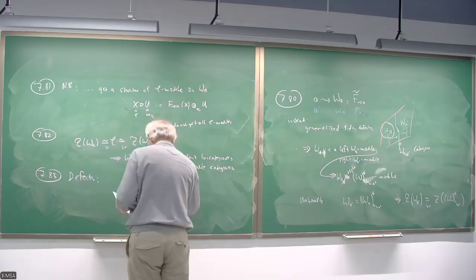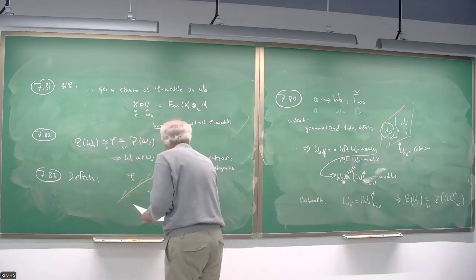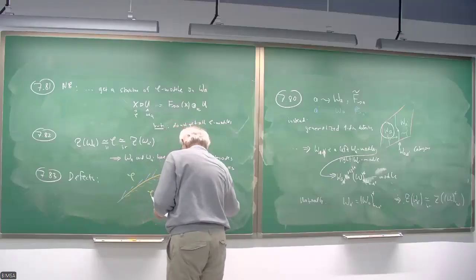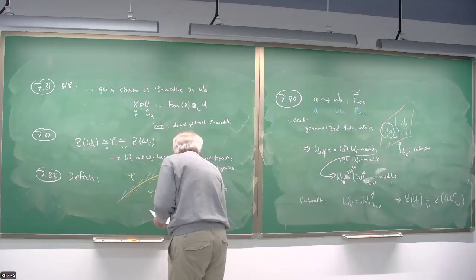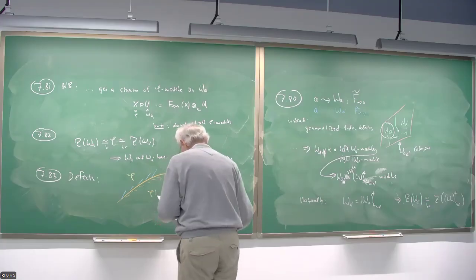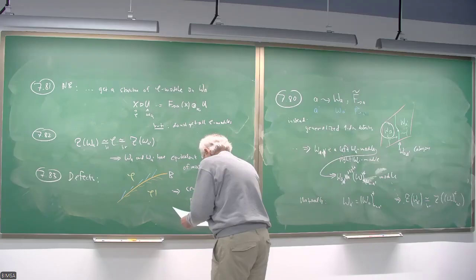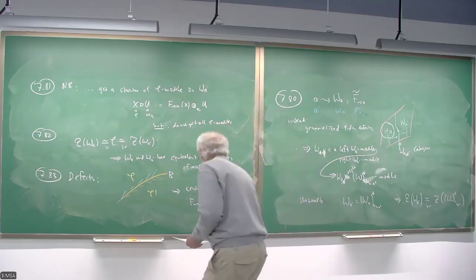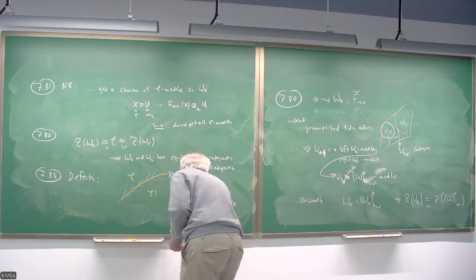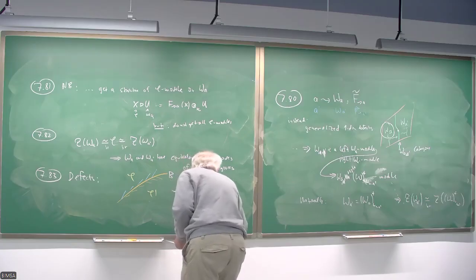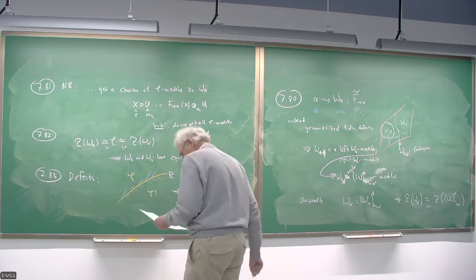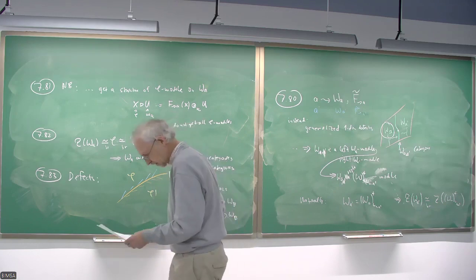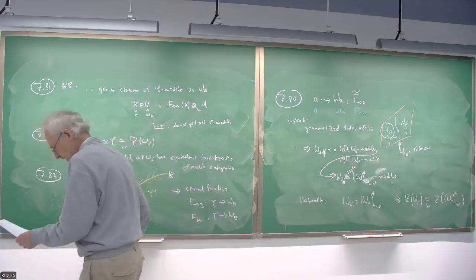So in this case, I get two functors, F_B from C to some category W_B, and F_B' from the other side, from C prime. And actually, they are central functors.